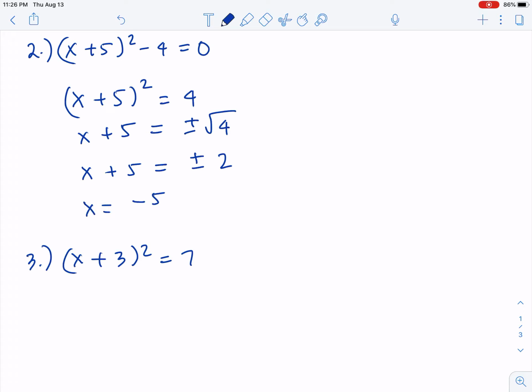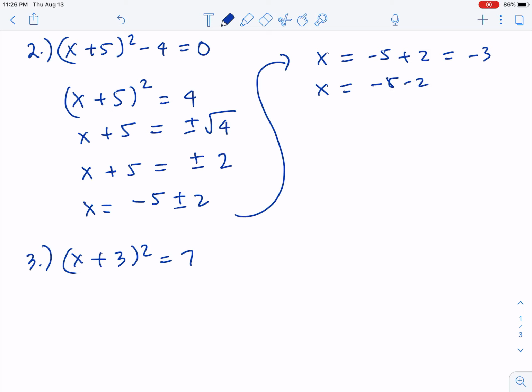Pag nag-subtract tayo ng 5 both sides, we have x = -5 ± 2, which means that x = -5 + 2, which is equal to -3. And x is also equal to -5 - 2, which is equal to -7.